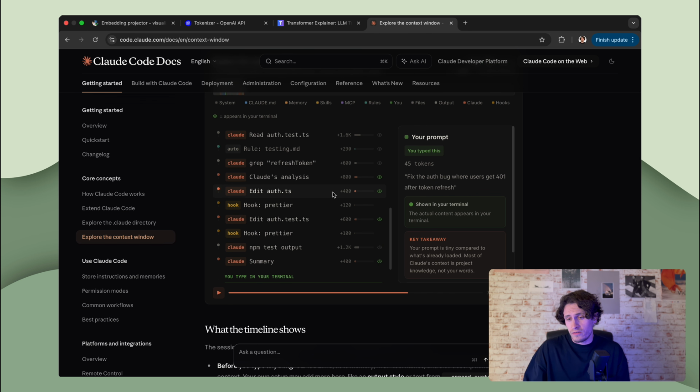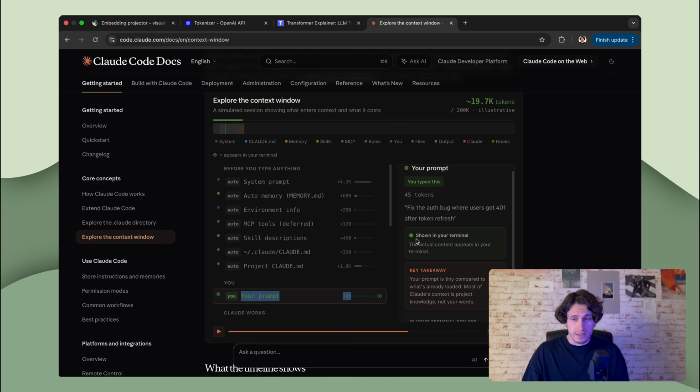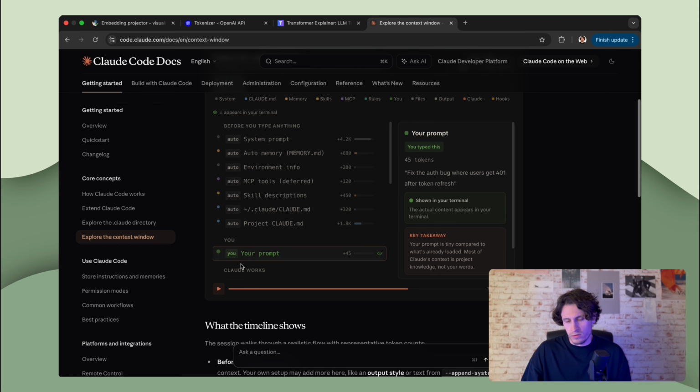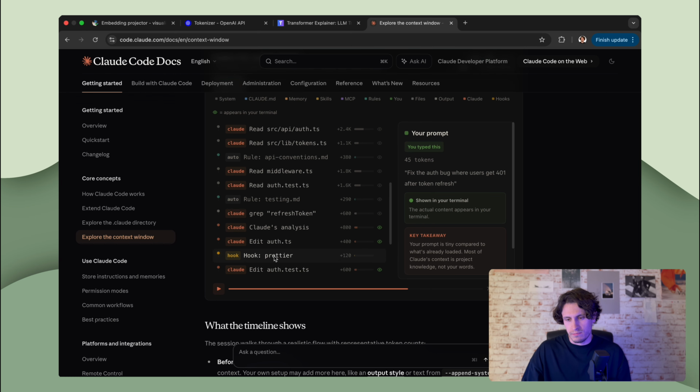So tokens are really important in terms of pricing, because many AI systems, I would say all AI systems, price usage based on how many input and output tokens you use. Once again, here is our context window. We already used almost 20k tokens by only pasting two simple prompts here.